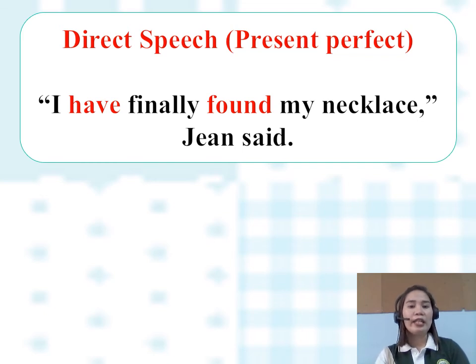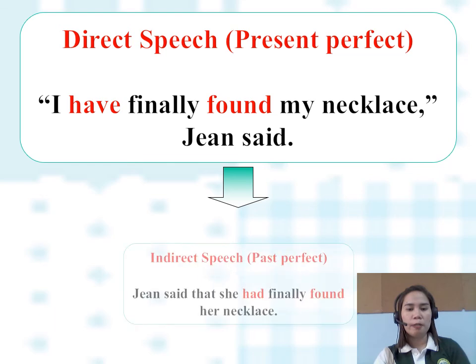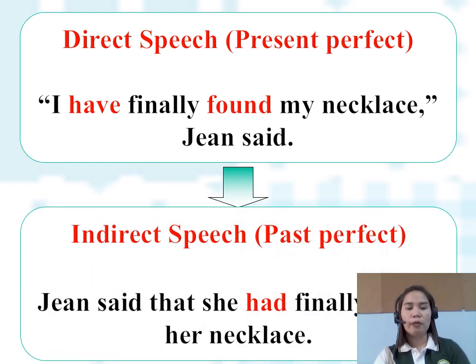"I have finally found my necklace," Jen said. Here, our verb is have found, that is present perfect. Let's change it into reported speech. It will become: Jen said that she had finally found her necklace.